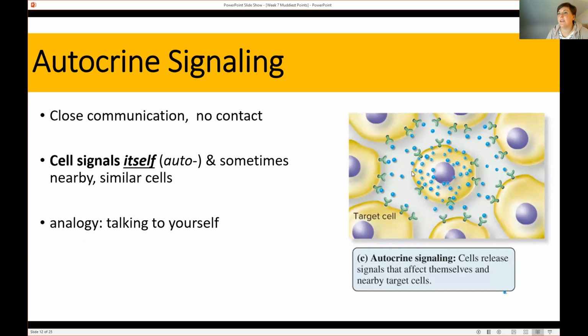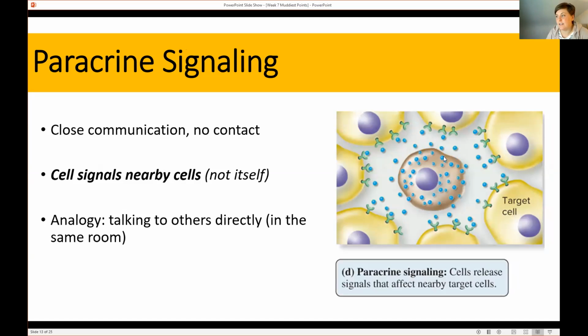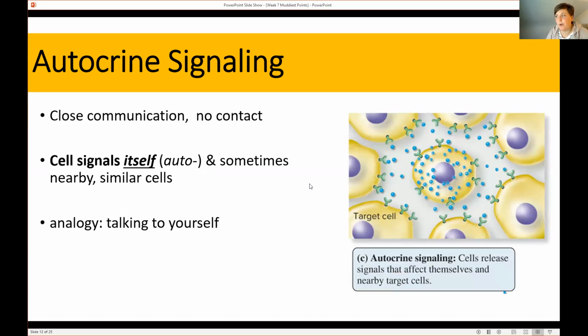Okay, so again, autocrine signaling, this cell is producing a message and it's hearing that message. It's talking to itself. It also may communicate that message to nearby cells. Paracrine signaling, this cell is communicating a message to nearby cells, but that cell is not one of the cells hearing that message. So I say autocrine signaling is like talking to yourself.